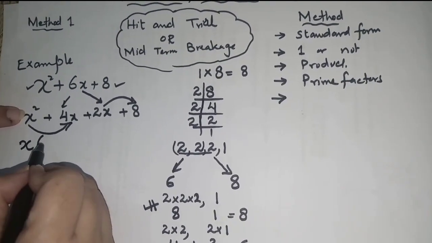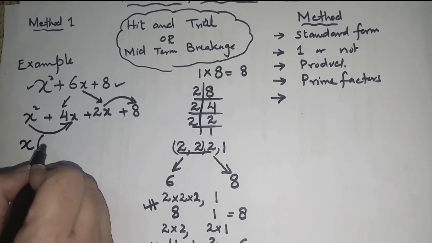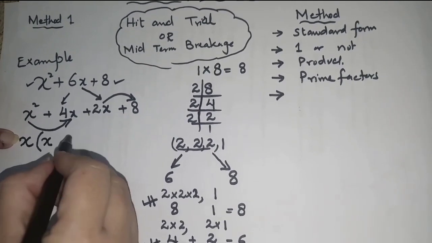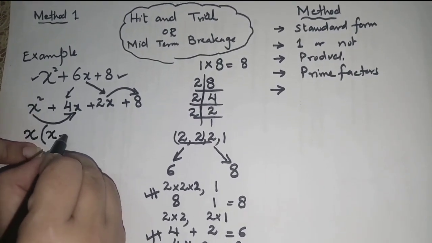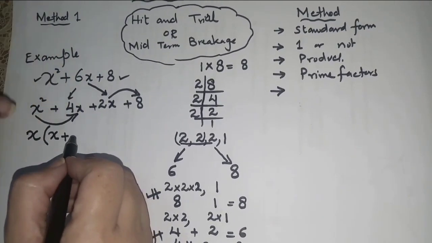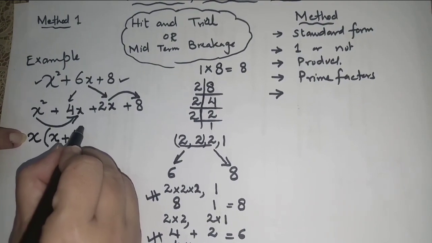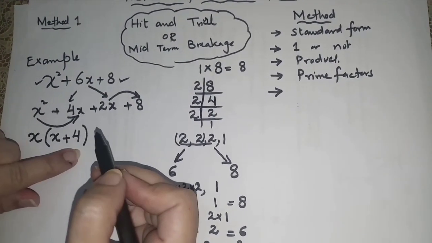From the first term, I pull out x, and at first place I am left with x, and then this sign will come as it is. And from 4x, x is already taken out, and I'll write 4 at this place. Then I close the bracket.